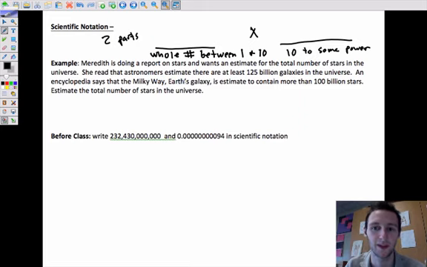Now let's talk about this "to some power." We've got times 10, and then we have some exponent up here. If that exponent is greater than 1, then this is a very large number.